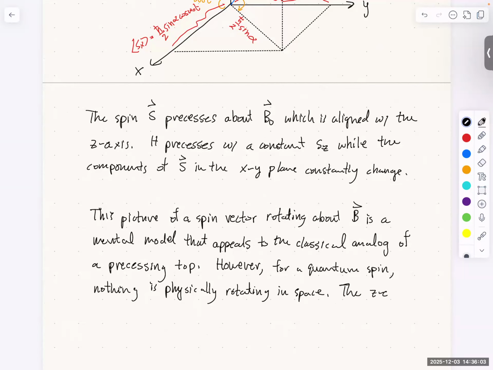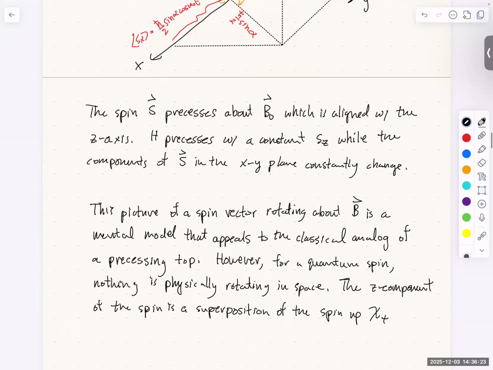The Z component of the spin is a superposition of the spin up, pi plus, and spin down, pi minus, eigenstates.